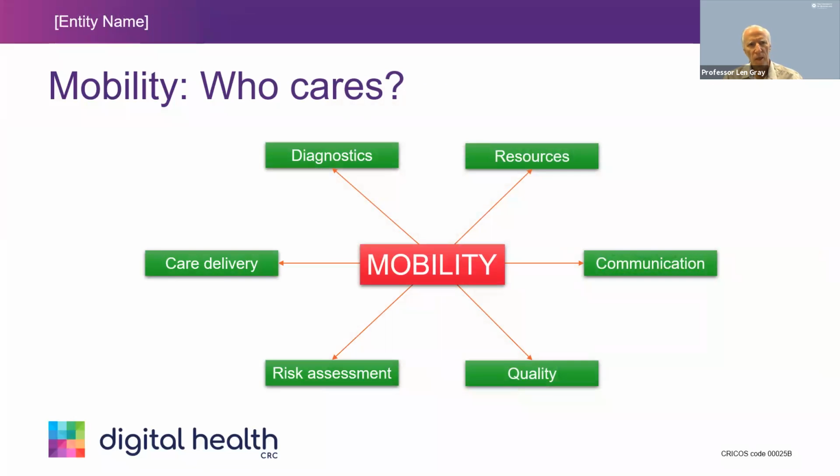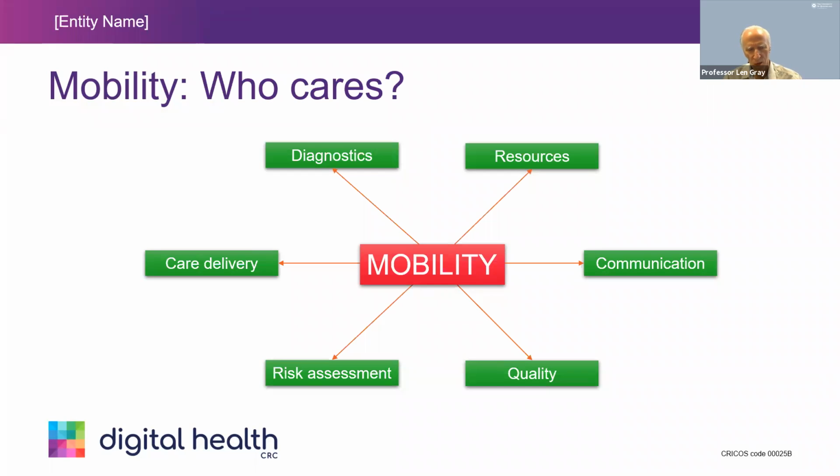So why do we care about mobility? Well, it obviously drives to some extent diagnostics. So if a person has mobility problems, perhaps they've got Parkinson's disease or some other diagnosis that's causing the mobility problem. That's a more classical kind of medical way of thinking about it. But in an aged care setting, it's going to drive the care delivery.